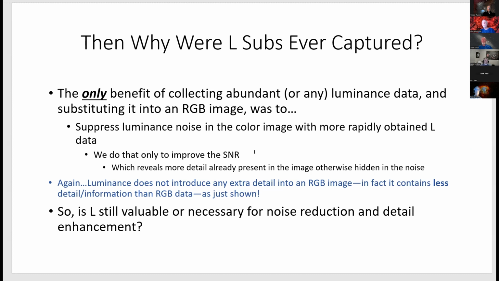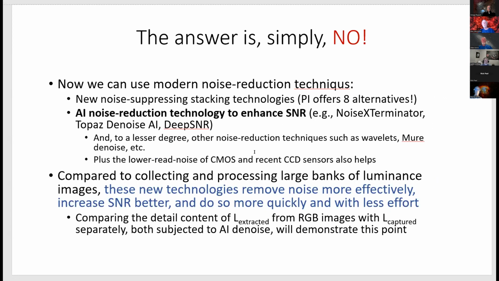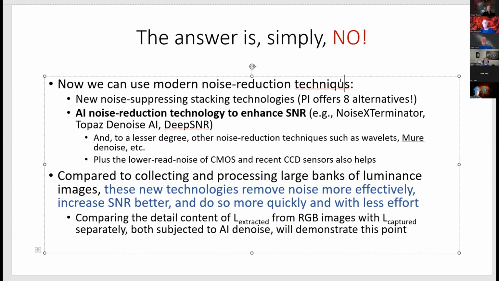The question that crossed my mind was, that was true in the old days when we didn't have the tools that we have today. Is it still true today? And the answer is simply no. We have many modern noise reduction techniques. We have new noise suppressing stacking technologies.